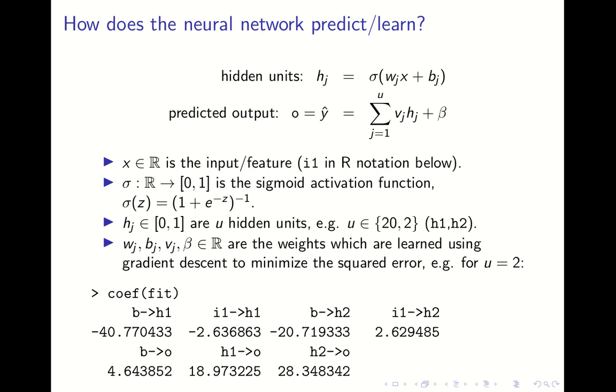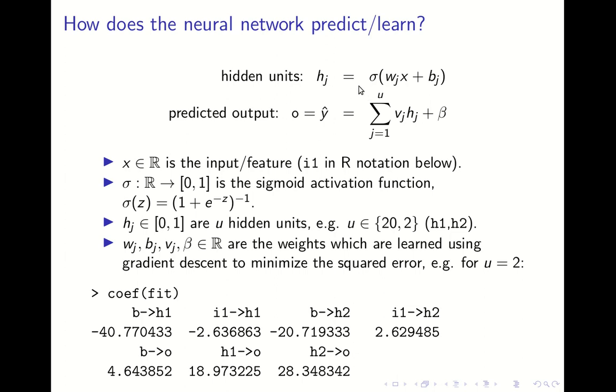Here I've shown a couple of equations that explain exactly how the neural network makes a prediction. With a single layer neural network, in the previous example we just have one input or feature x, which is a real number, and that's appearing in this first equation here. For each hidden unit j, we're calling that hj.